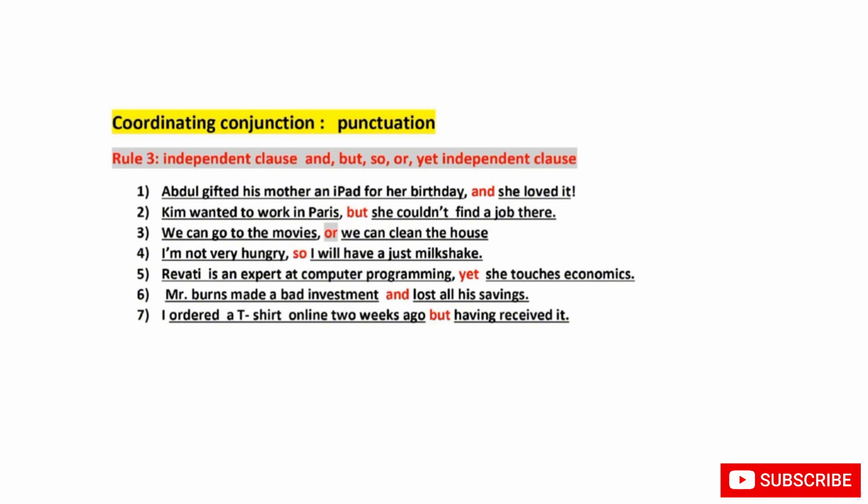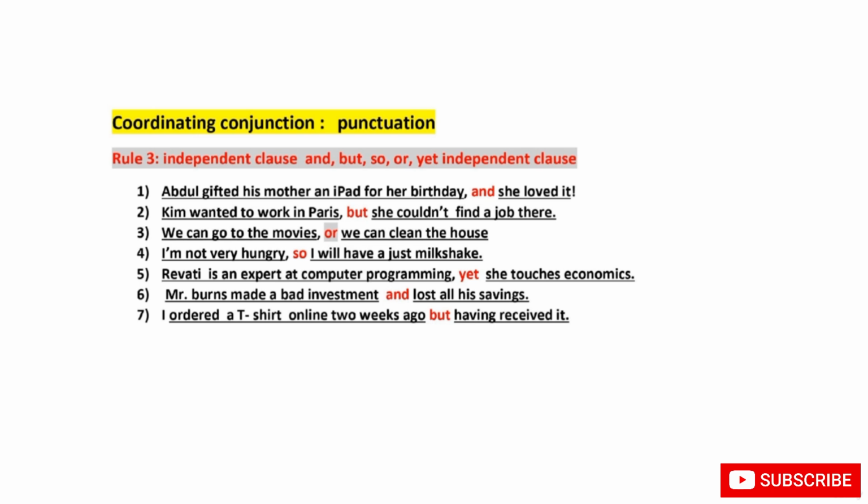So it's called an independent clause. The same is true for the second part, she loved it. This is also a complete sentence, so it's an independent clause as well. So the conjunction and connects 2 independent clauses here. So we put a comma after the first clause and before and. That is the rule.